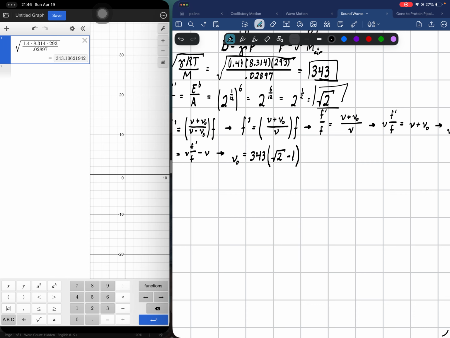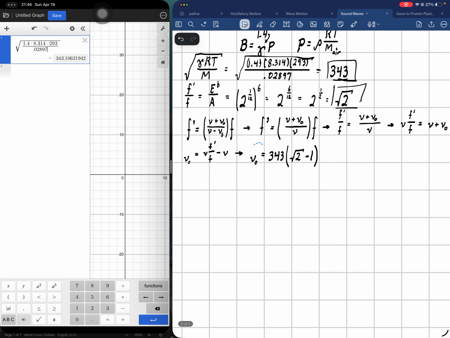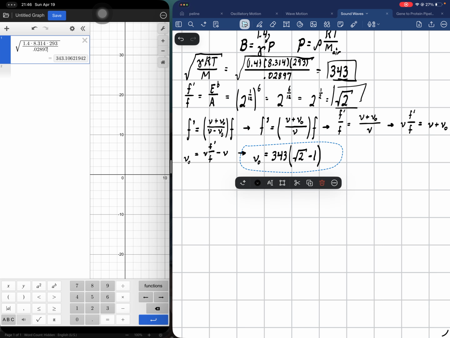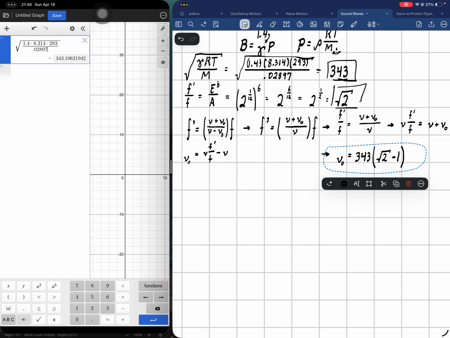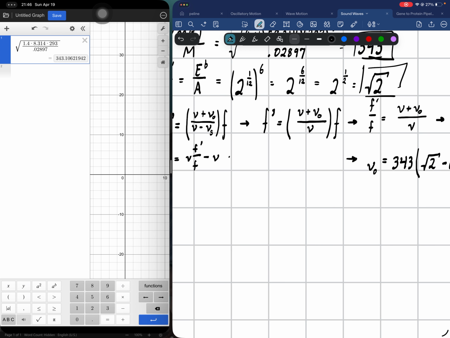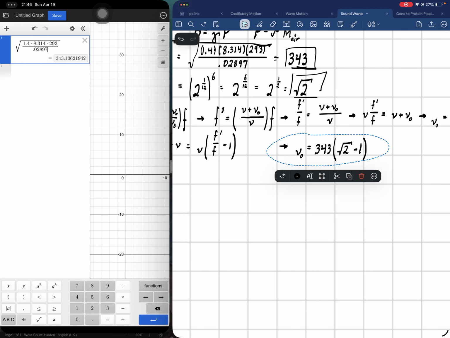Here, I'll show that intermediary step. We're going to factor out that speed of sound, so we're going to get it like this. Boom. Exactly what I did. Then it's just plug and play.